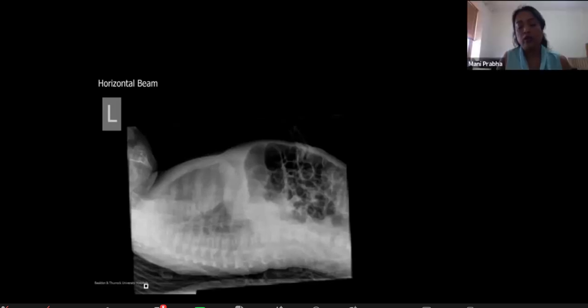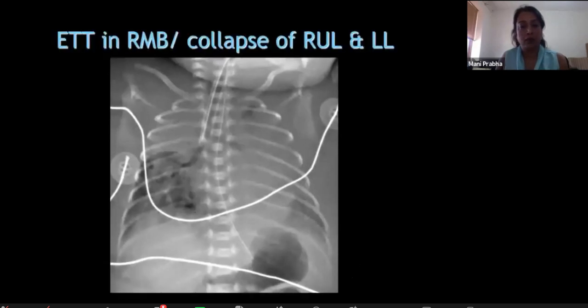Otherwise, you can see the side on an AP radiograph, but the dose is less in lateral position, whereas the dose in this supine position is much more. So that's the advantage of lateral position if the child can be rotated. So yeah, the ET tube was in the right main bronchus with collapse of the right upper lobe.